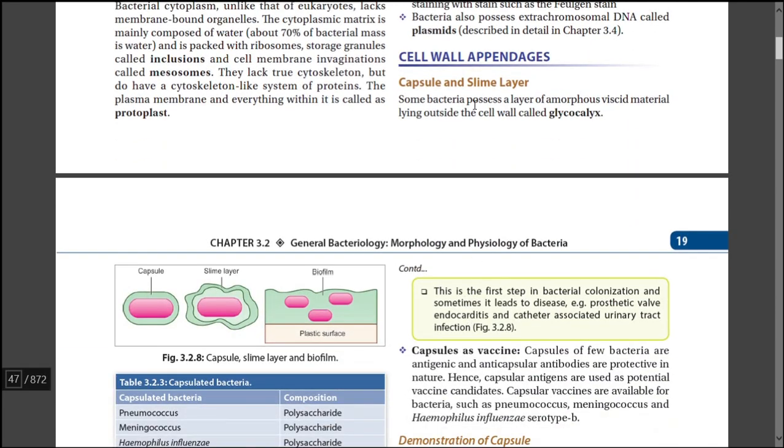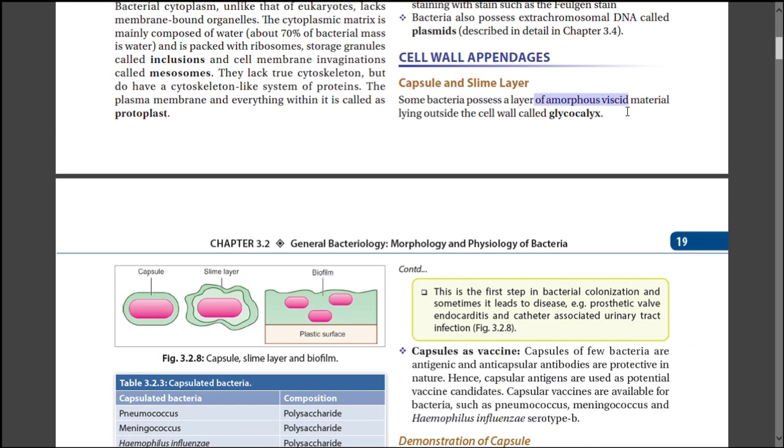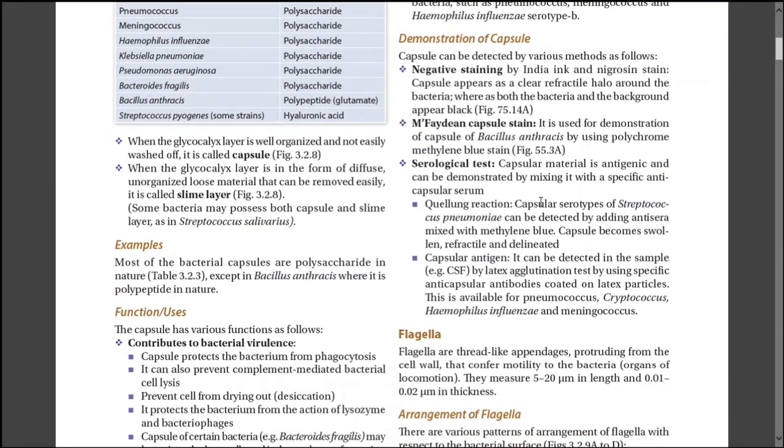Next, we have to see the capsule and slime layer. Outside the cell wall there is an amorphous material called glycocalyx. If the glycocalyx layer is very thick and tightly attached to the bacteria and is not easily washed off, it is called a capsule. But if the glycocalyx layer is in the form of unorganized loose material which can be removed easily, it is called the slime layer.